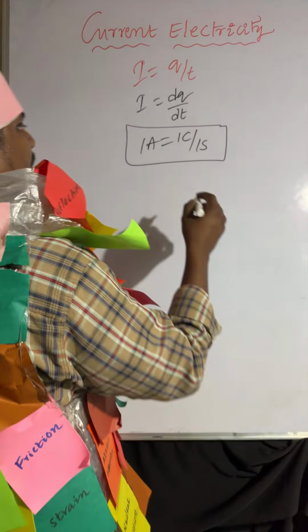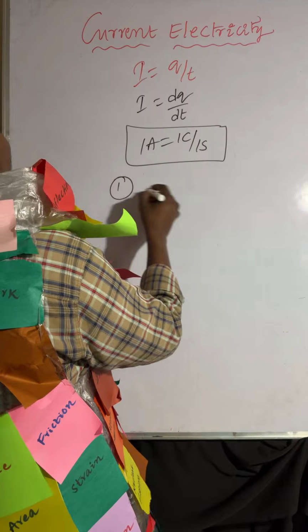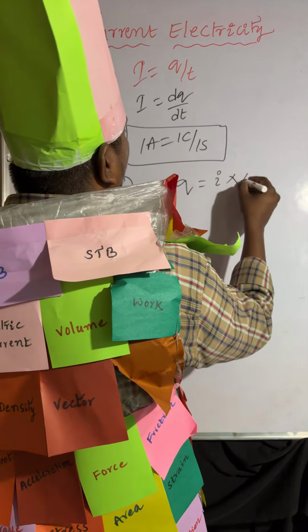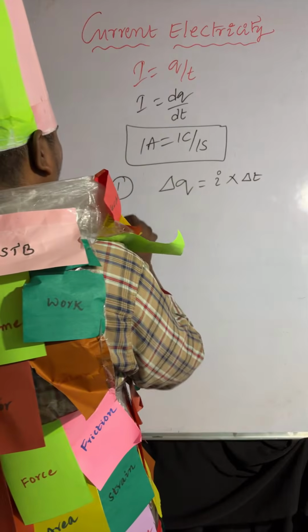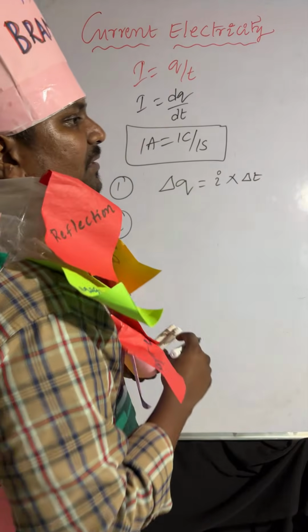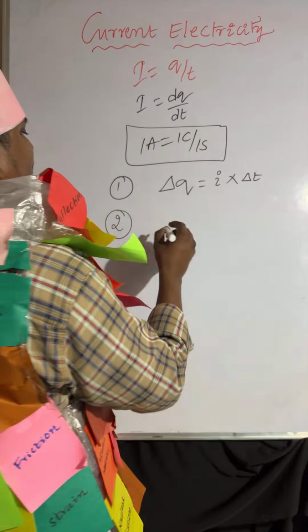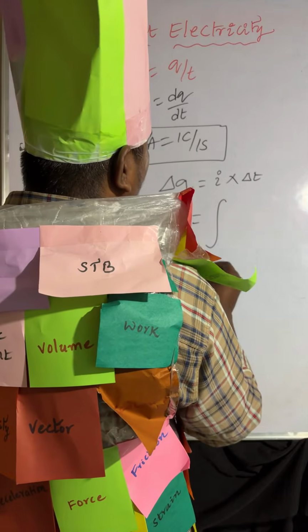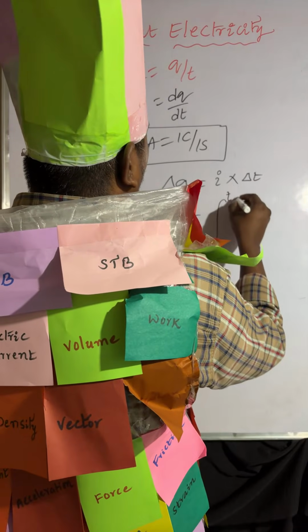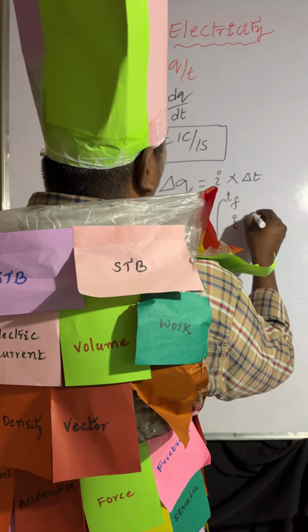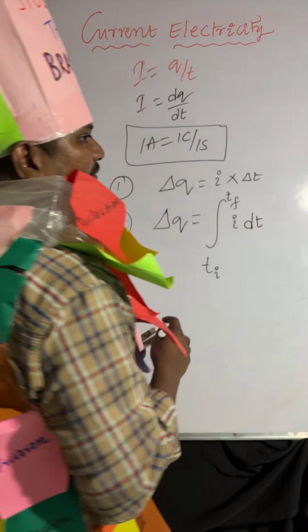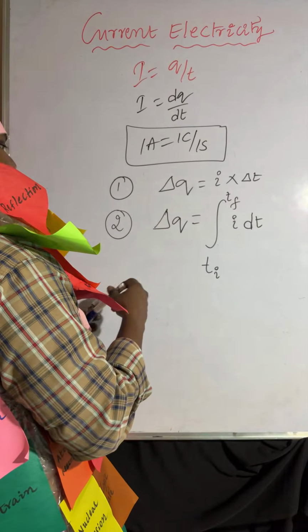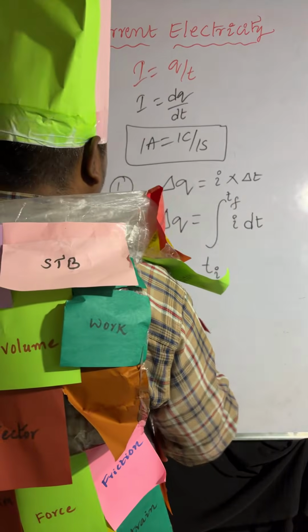Now, we can take the first one: the charge can be obtained by multiplying constant current and time interval. Coming to the next one, if the current is a function of time, then the flow of charge is given by delta Q equal to the integral from Ti to Tf of I dt.